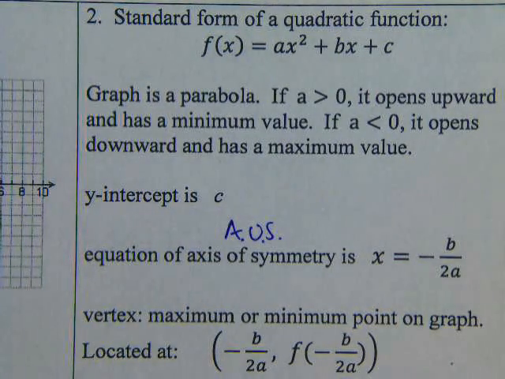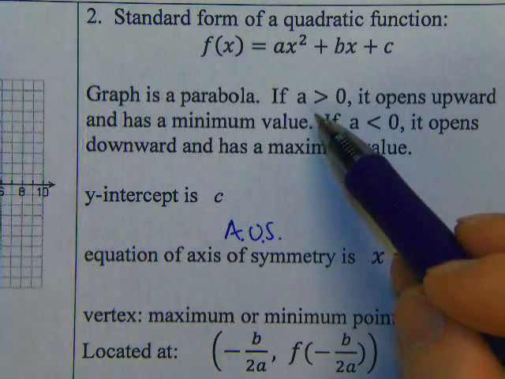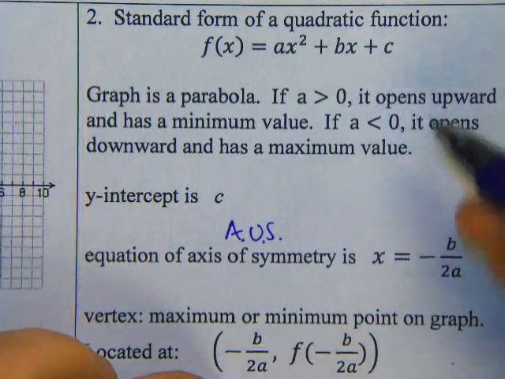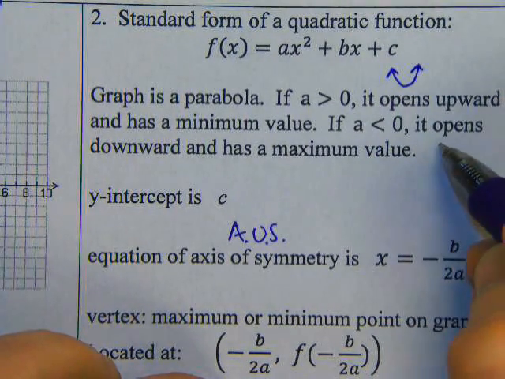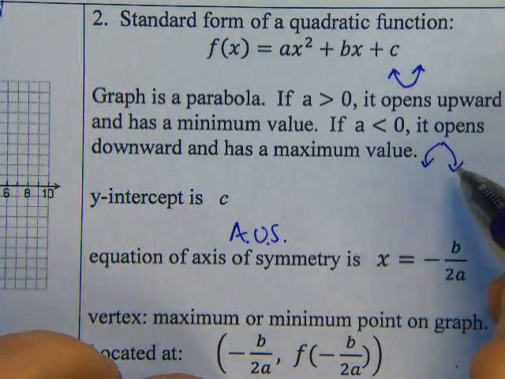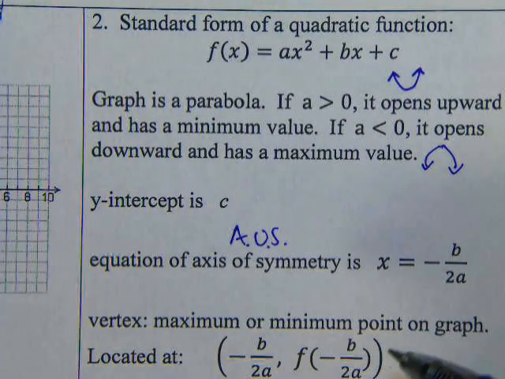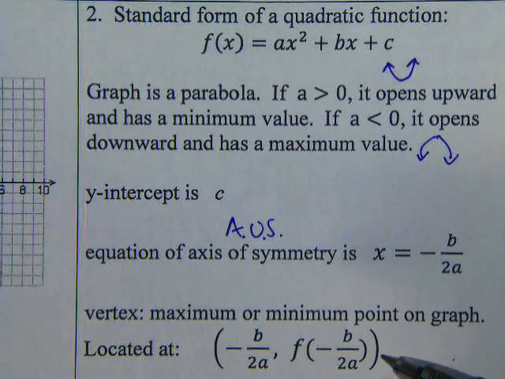Let's read through that. It just says if A is bigger than 0, it opens upwards, so you'll get this kind of shape. If A is less than 0, it'll open downwards, and then it tells you about max and min. As we work through these, some of this terminology will become more clear.